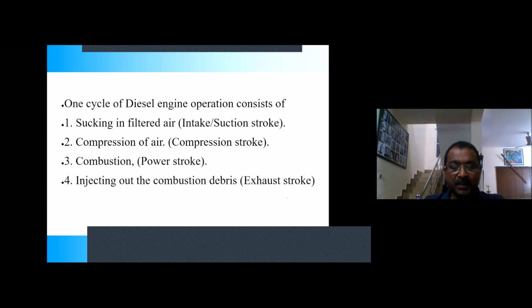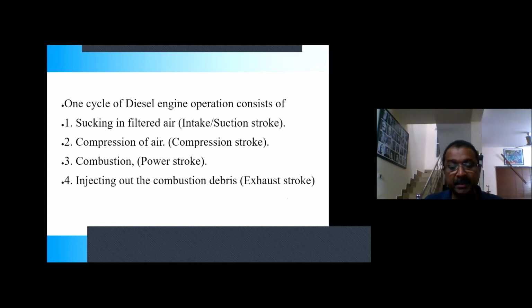One cycle of a 4-stroke diesel engine. Actually, we are collecting air, compressing it, burning it, then kicking out the exhaust gas. All this together forms one cycle of operation.